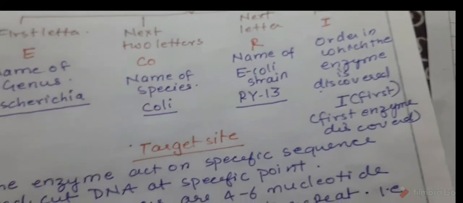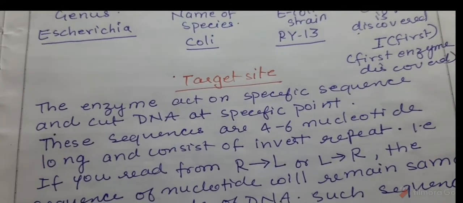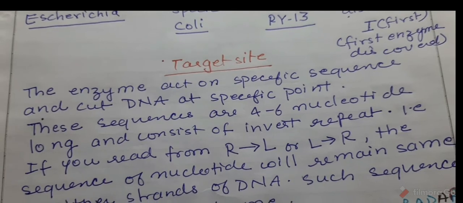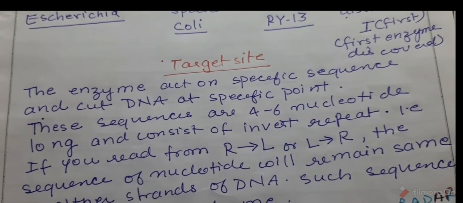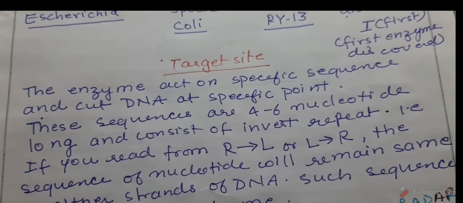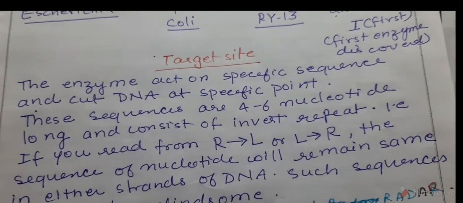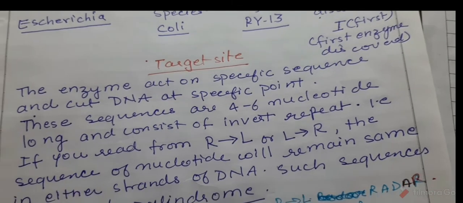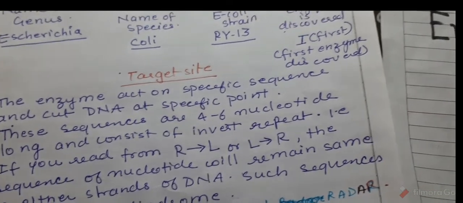Now let's find out how they act on the DNA. They have a specific target site. The enzyme acts on a specific sequence on DNA and cuts the DNA at a specific point. These sequences are 4 to 6 nucleotides long and consist of inverted repeats.